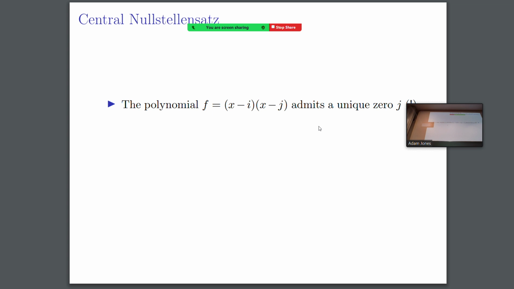Now what happens if I plug in i? You get minus 1 minus i plus j, so it's 1 minus i minus i plus j i plus.